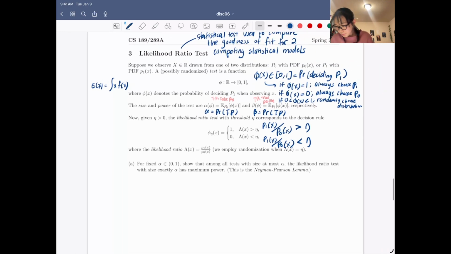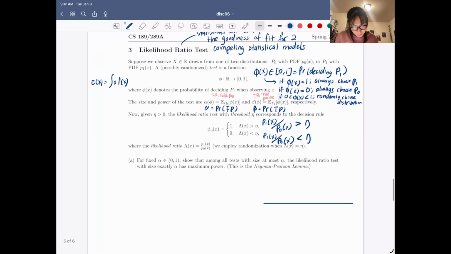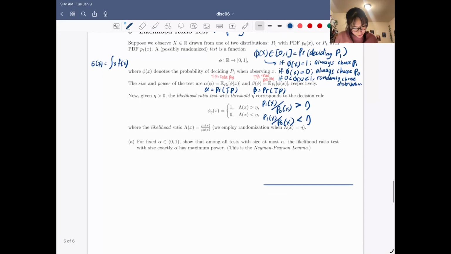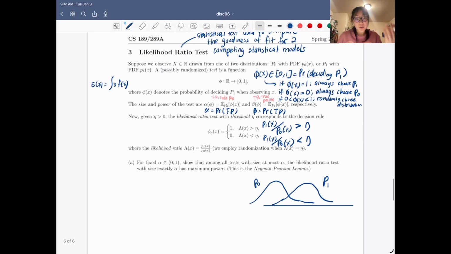Okay, and so I'm going to just draw a few more pictures to help hone in on what this entire problem is. Let's say we have two distributions, this is P0, and this is P1. Let's say P0 is a distribution that indicates, oh, this is probably a negative, you don't have an illness.